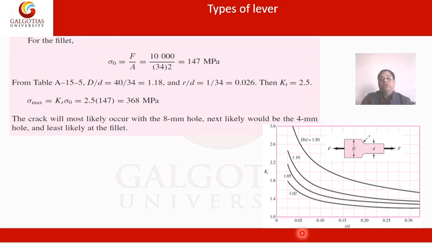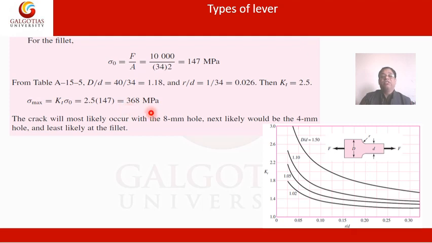These are the lines, D by d, the curved lines. r by d is 0.026, so it will be here somewhere. At this you will move up and stop at 1.18 somewhere here. So the stress concentration factor will be 2.5 in this case. You will multiply it, and this is 360.